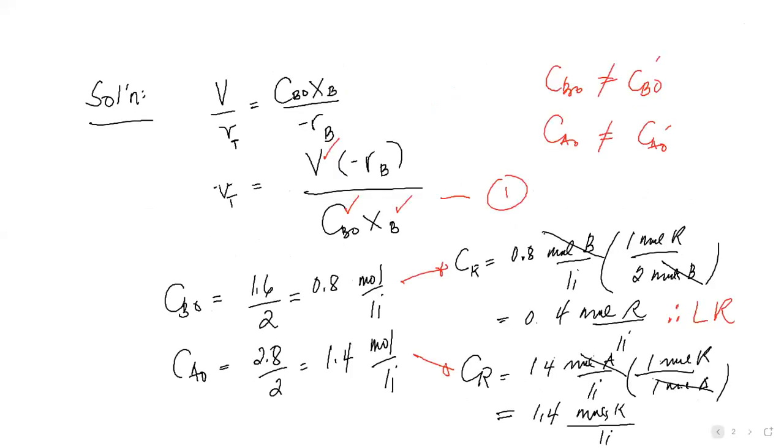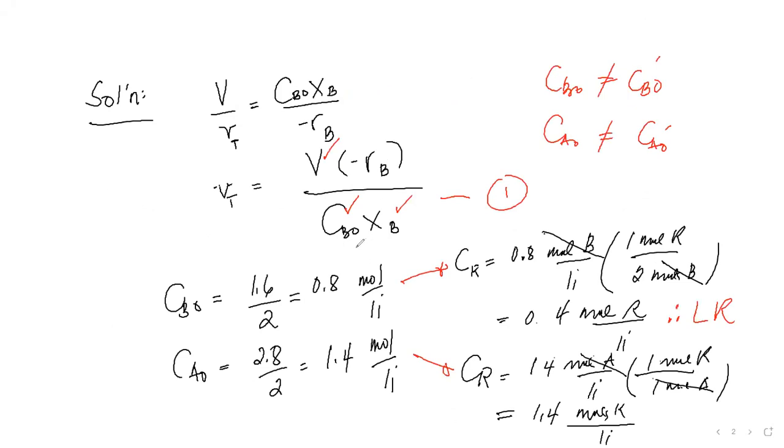So the volume is 6 and the negative R sub B is equal to 0.2 as provided by Jobern. So 6 and 0.2. And then that's the rate in terms of B, this one, the CBO XB. So your CBO XB, this is already 0.8 times 0.75, so that would be 0.6.